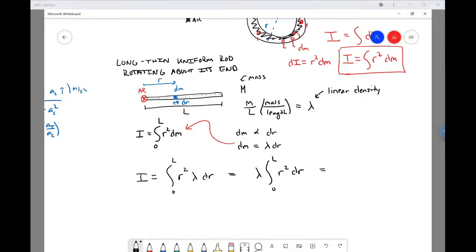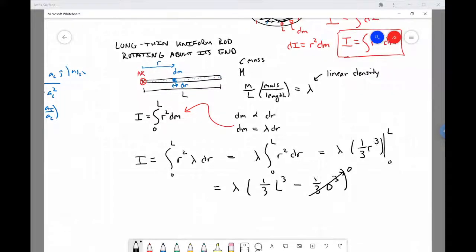So what's the integral? It's just a polynomial, a monomial, just one term. In the integral of r squared, you increase the exponent by 1 and then divide by the new exponent. So you get 1/3, and then you've got to evaluate on this interval 0 to L. That's going to be equal to lambda times 1/3 L cubed minus 1/3 0 cubed, and that's, of course, 0.